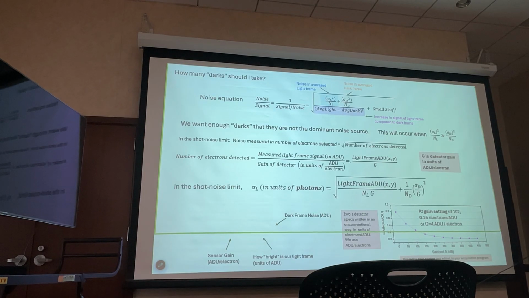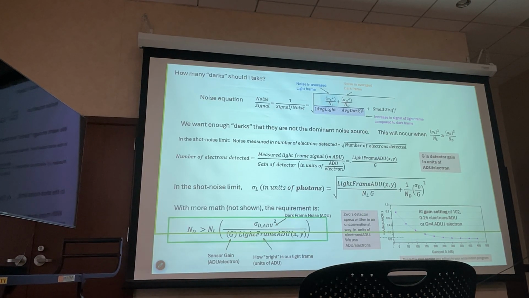There's some math involved here. Again, I can go through this later if anybody wants to. It's a little bit confusing, but in any case, you can determine how many darks you need to be sure that the noise from the dark frames is less than that contributed from the light frames.